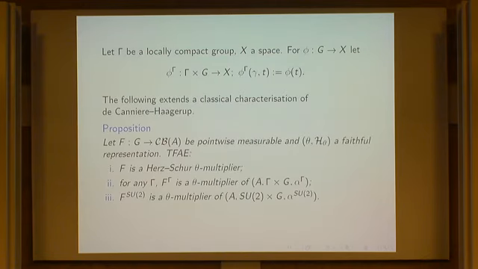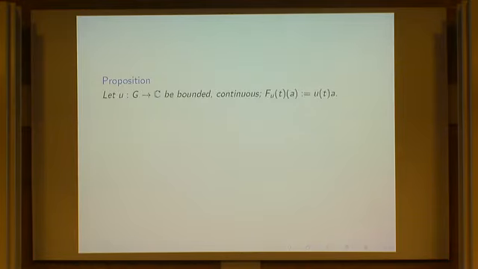The result is, even if you forget about A being an arbitrary C*-algebra, but concentrate on the scalars, it's quite nice. Being bounded with respect to any gamma cross G, for any group gamma, is the same as being completely bounded, but moreover it is the same as being bounded with respect to the group SU2 times G. This is because of the representations. So we have a similar result here.